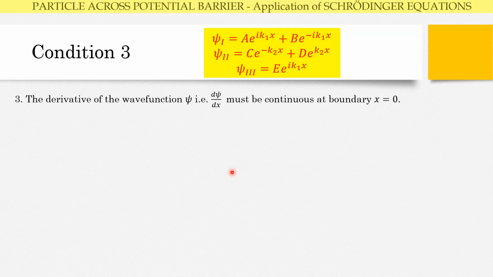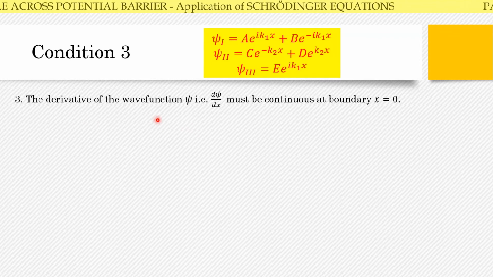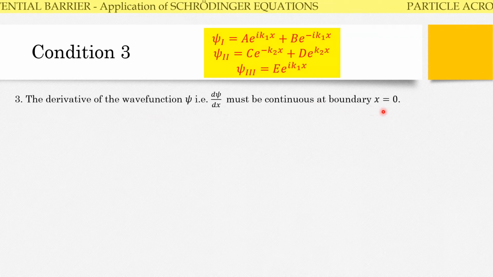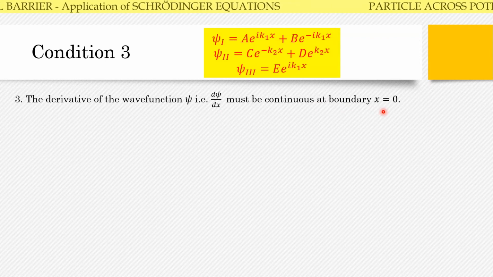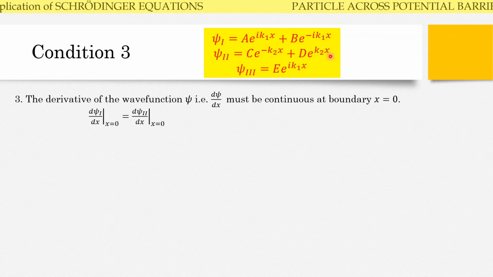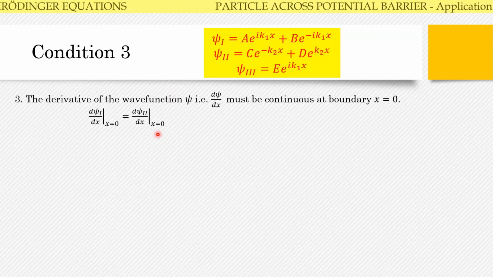Now this is the condition 3, which says that the derivatives also of the wave function psi be continuous at x equal to 0. So take derivatives of psi 1 and psi 2, place x equal to 0 and equate them.